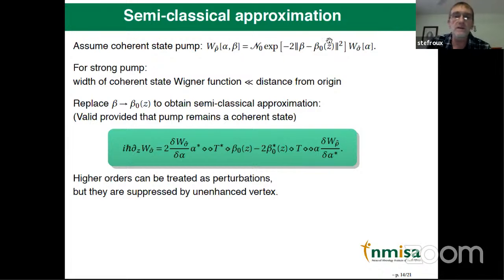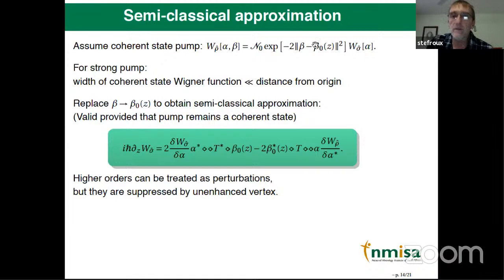And for that purpose, we're going to assume that my state, which at this point incorporates both the down-converted fields and the pump fields, can be expressed in terms of a coherent state for the pump field times an unknown state for the down-converted fields. And the assumption now is that the pump will remain a coherent state.